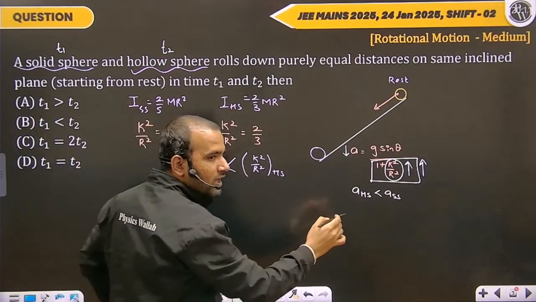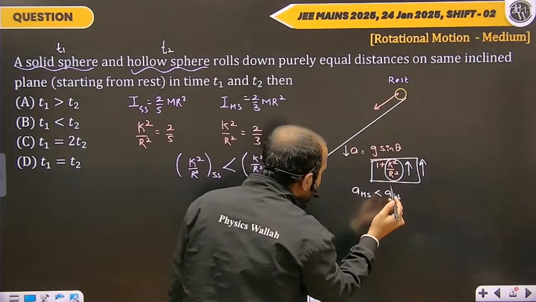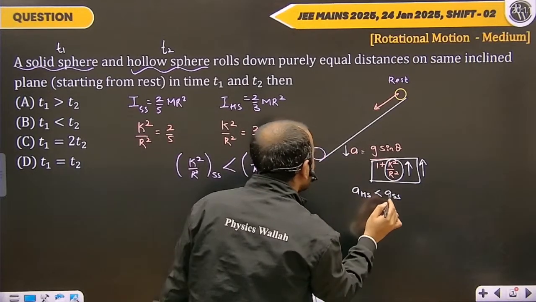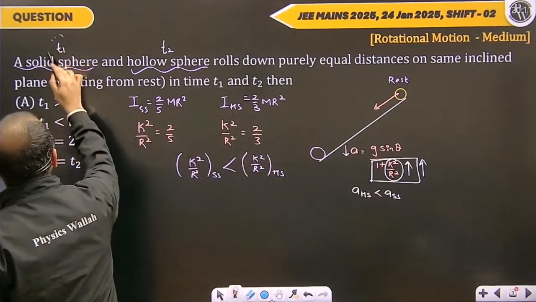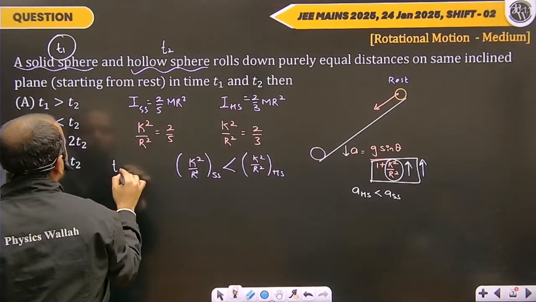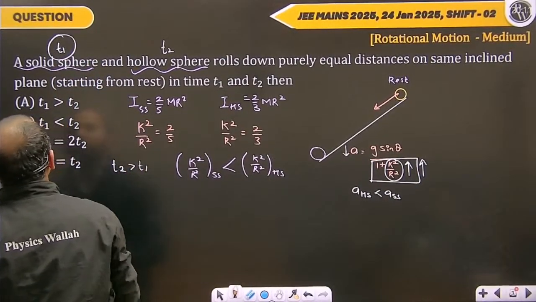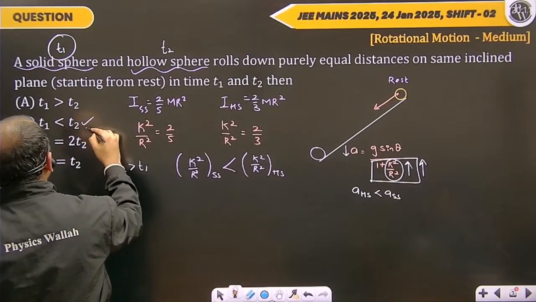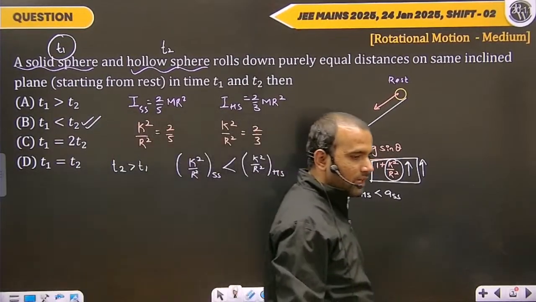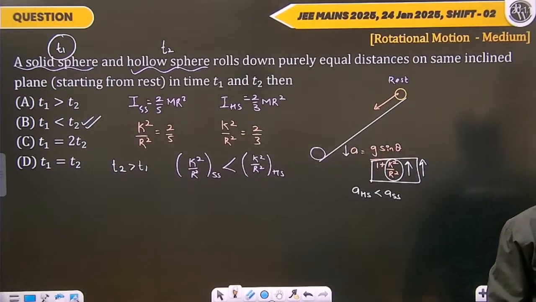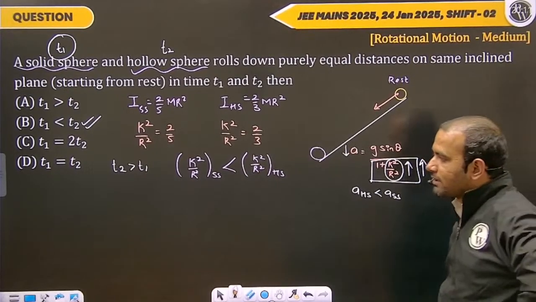The solid sphere is having more acceleration, which means it will take less time. So T2 is greater than T1. T2 is greater than T1 is which option? B option, right? Okay. So let us discuss the next question.